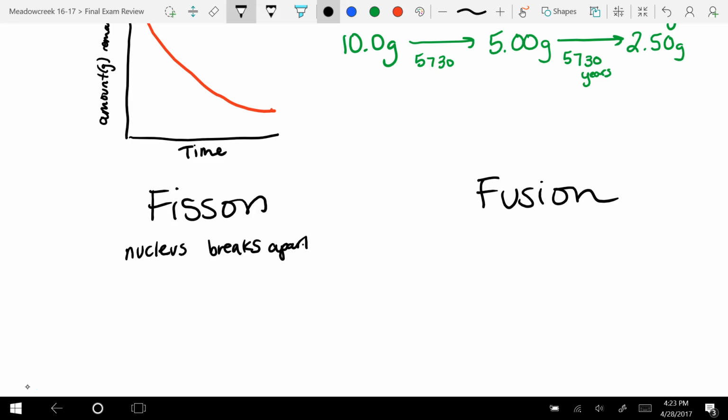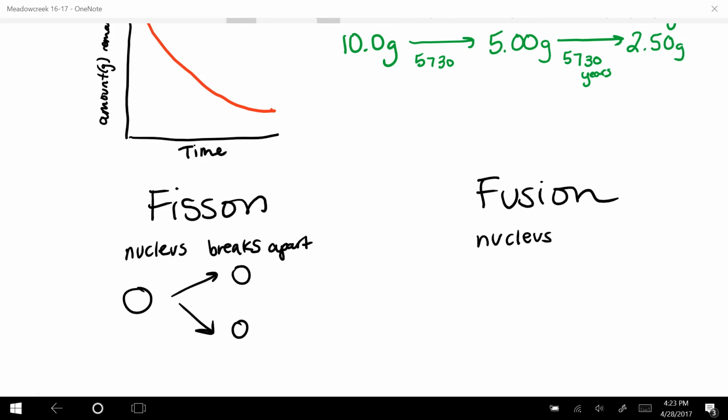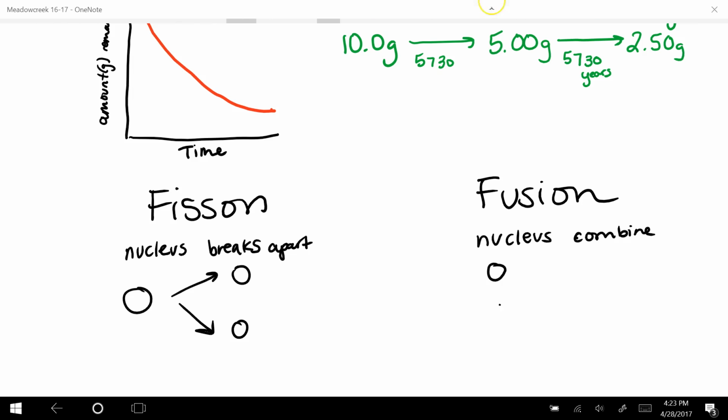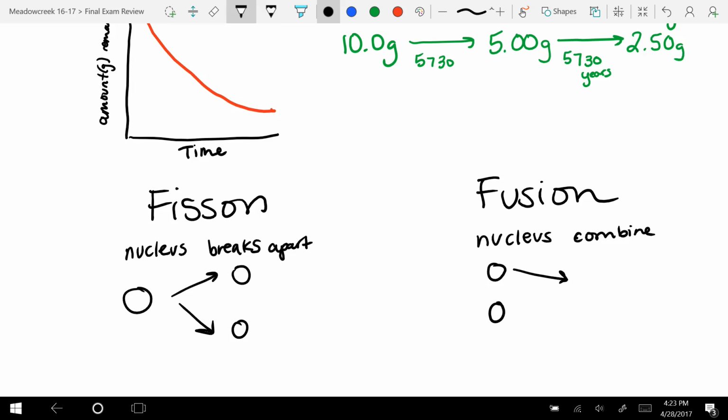So we would have one nucleus break apart into 2 smaller nuclei. Whereas fusion is when the nuclei of 2 things combine. So you would have 2 smaller nuclei come together to form a bigger one.